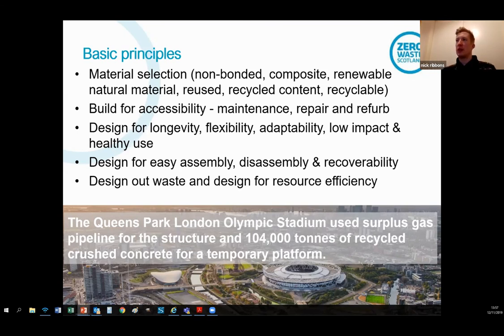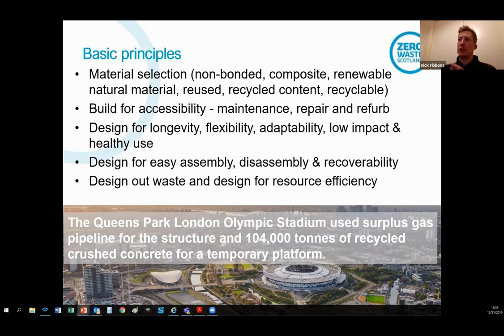So we want to begin to be more considerate about the materials that we choose and ensure that we understand their lifespans, what they can go on to be in terms of reuse or recycling, or do they even contain recycled content.